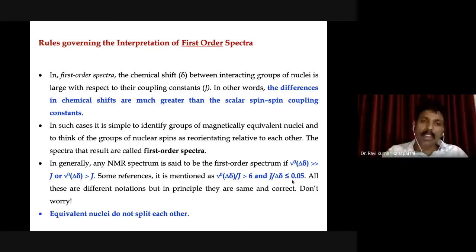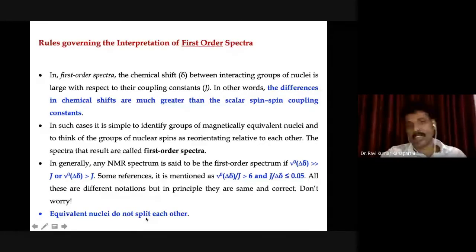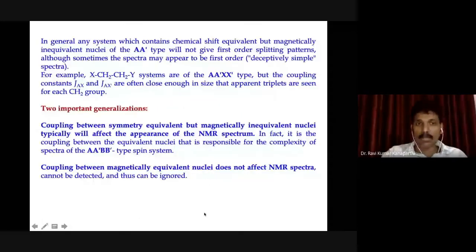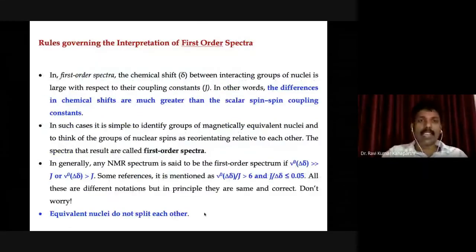In a first order spectrum, equivalent nuclei do not split each other. If two nuclei are equivalent, they basically do not split into each other. That is another characteristic of a first order spectrum.